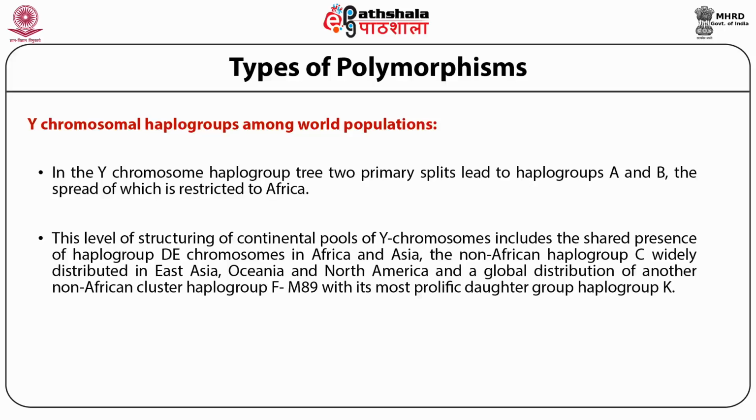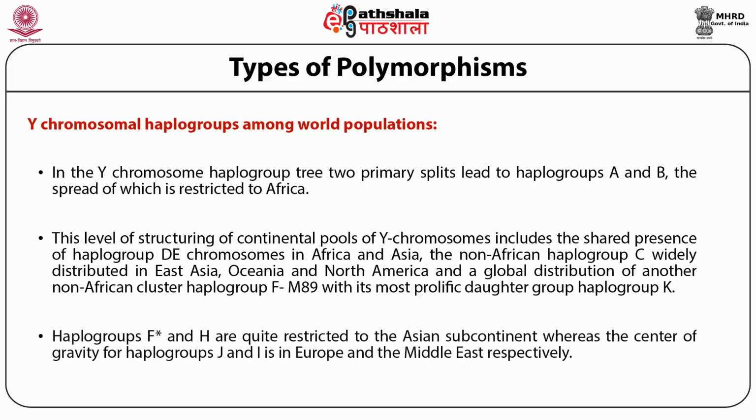Considerable regionalization of haplogroups is present in the subclasses of F and K. Haplogroups F and H are quite restricted to the Asian subcontinent, whereas the center of gravity for haplogroups J and I is in the Middle East and Europe respectively.